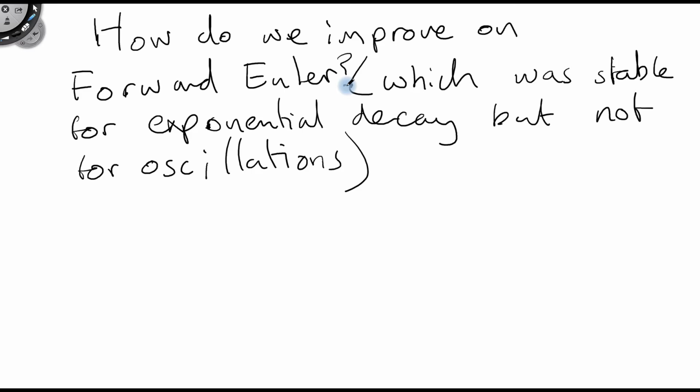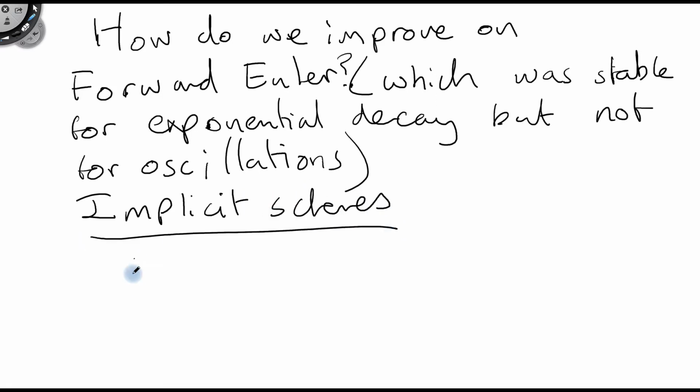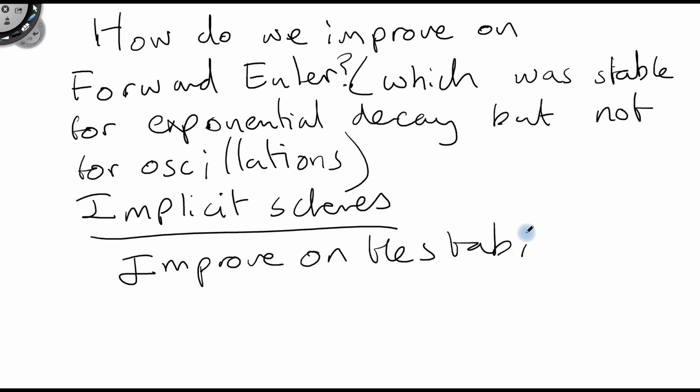First of all, we're going to look at what's called implicit schemes, which aim to improve on the stability aspect of forward Euler.